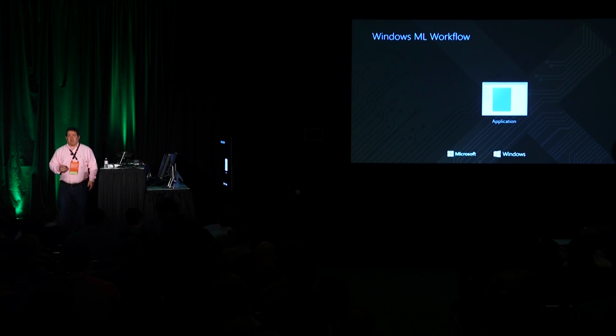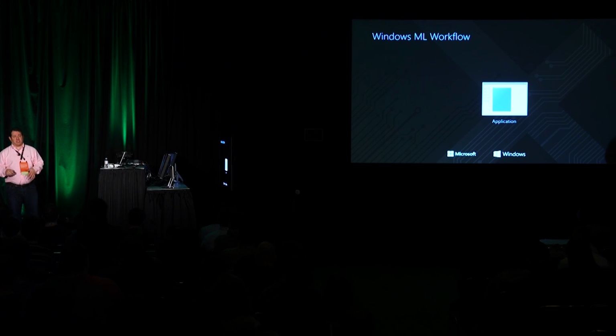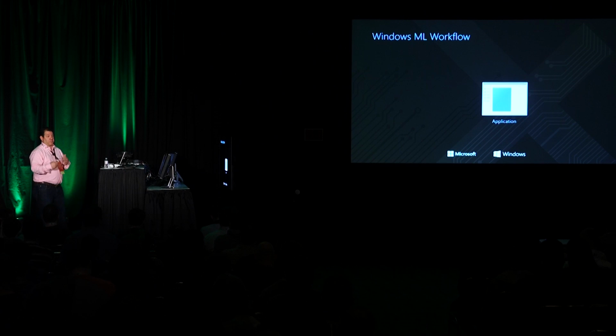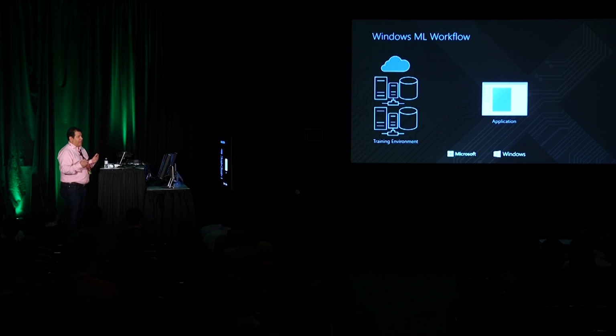The basic idea behind Windows Machine Learning is I want to build an application. If I want to build an application that uses machine learning, the first thing I really need to do is understand what is the problem I'm trying to solve, and then how do I build a model to do that. And I'll go up to some form of training framework in the cloud or on a desktop, design that model, gather a whole lot of data, and train that model.